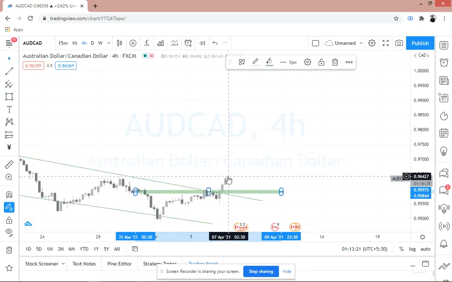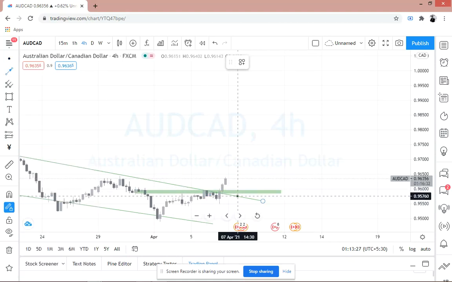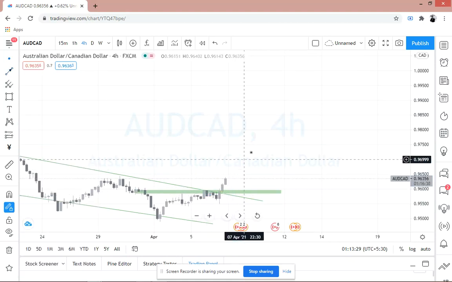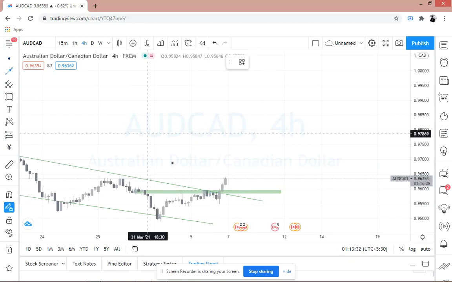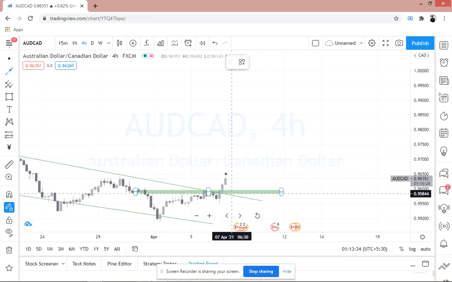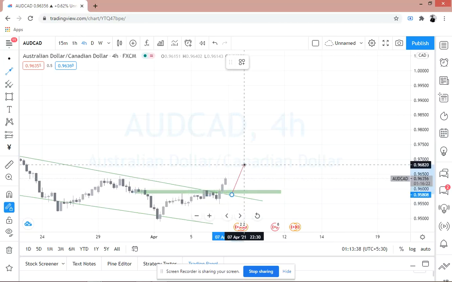If the market makes a retracement back to this support zone, this is where you should start buying.